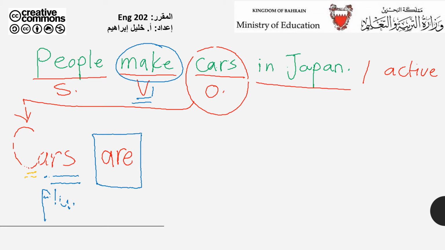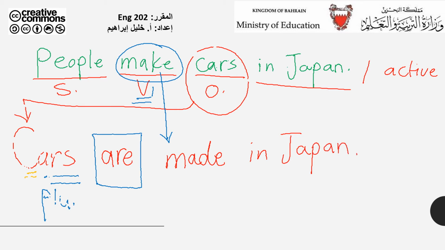The verb in the sentence must be in past participle. So we have make, made, made. So cars are made. Cars are made. And I complete the sentence, of course, in Japan.